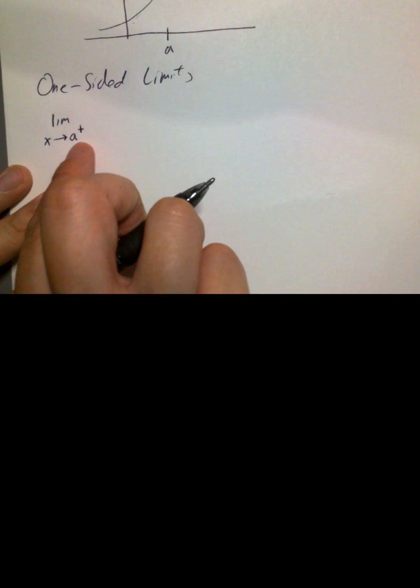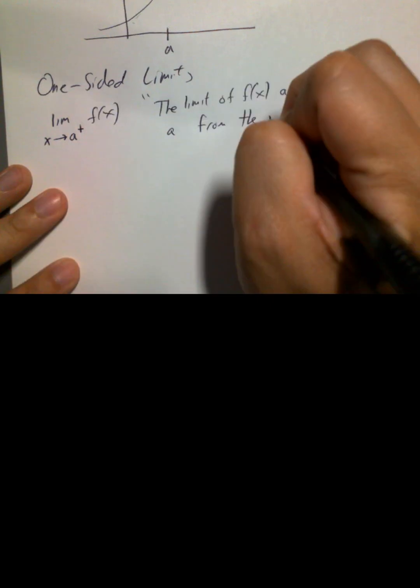This is read as the limit of f of x as x approaches a from the right. It's from the right because it's from the positive side of a.